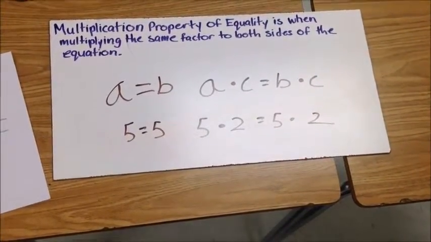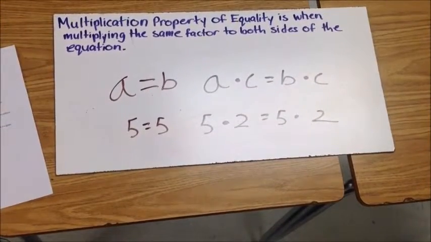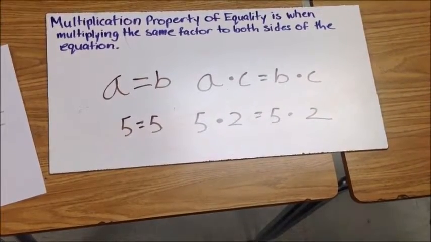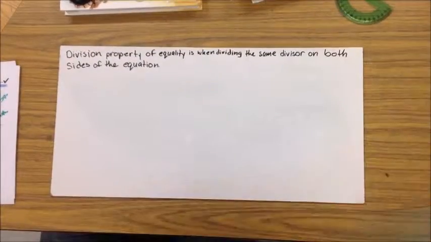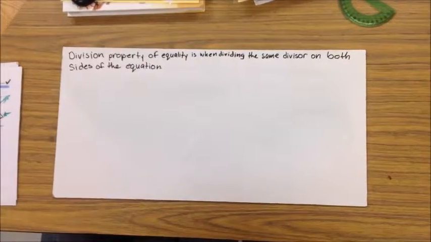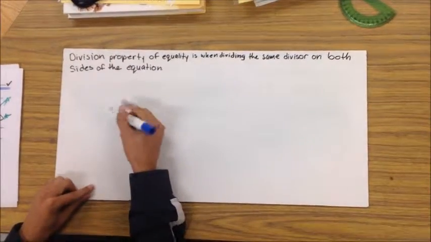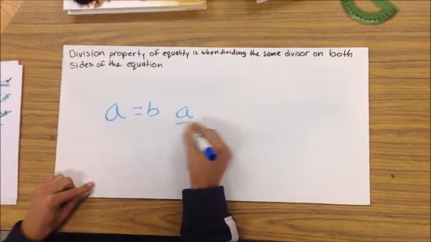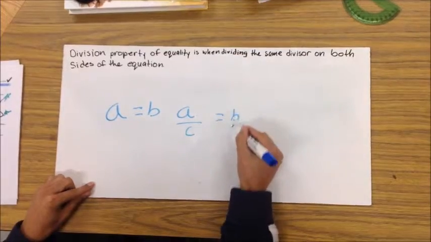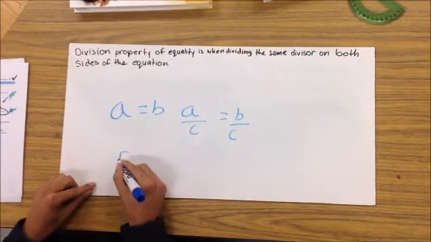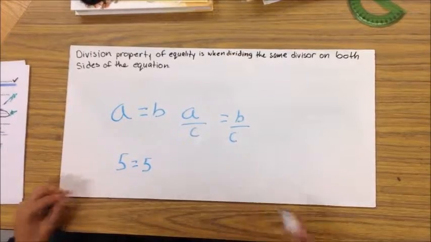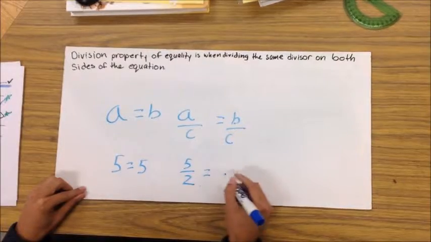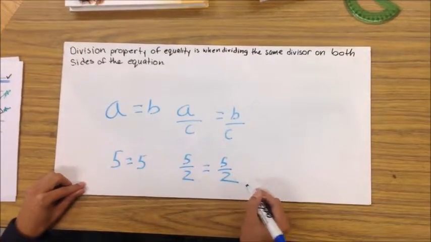Some examples are a equals b, so a times c equals b times c. 5 equals 5, so 5 times 2 equals 5 times 2. The division property of equality is when you divide the same divisor on both sides of the equation. So when you have 5 equals 5, whatever you do on this side, which is dividing by 2, you divide on both sides. Divide by 2.